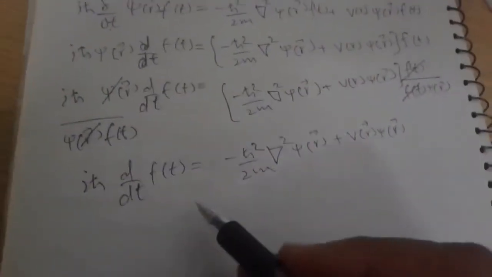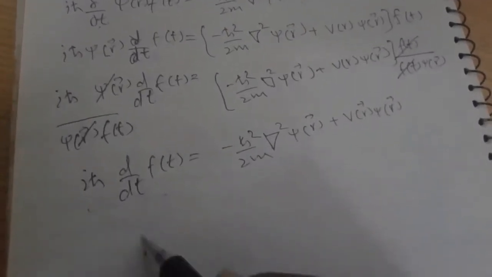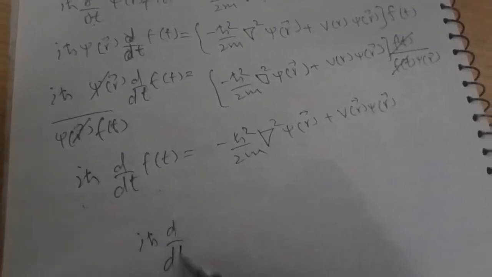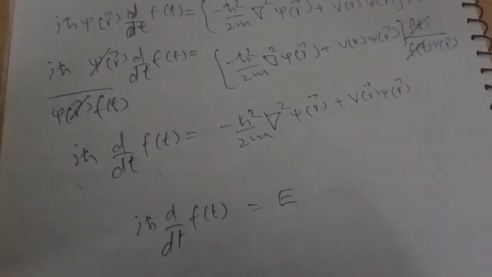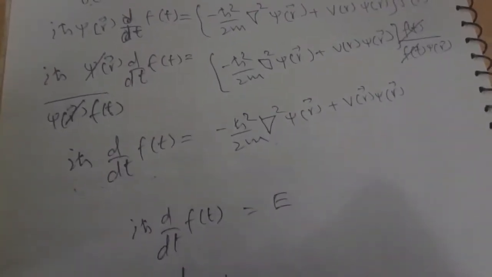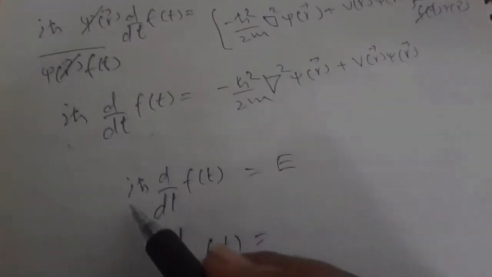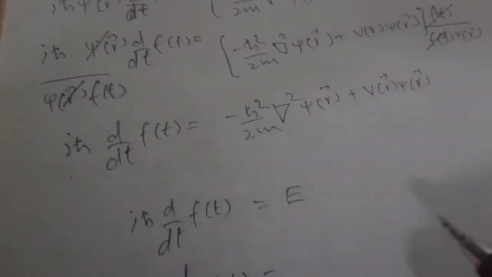So from here we can say that the left side of the equation is iota h cut d by dt f of t. This is energy. We can say that it is energy E. Sorry for this.